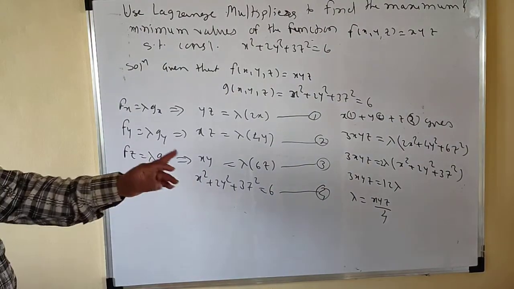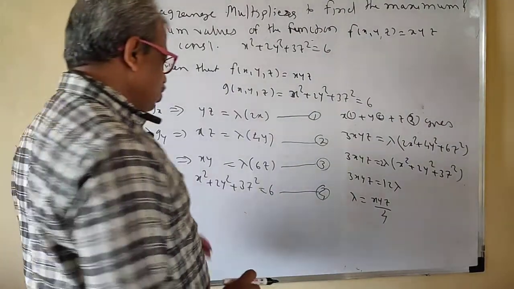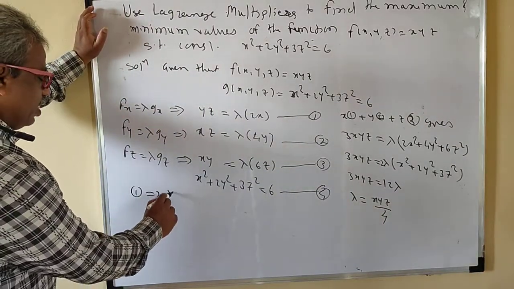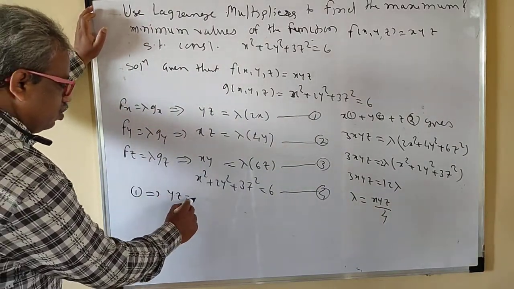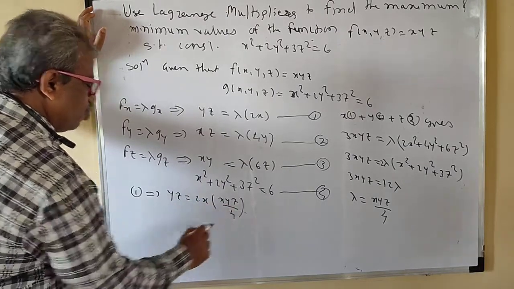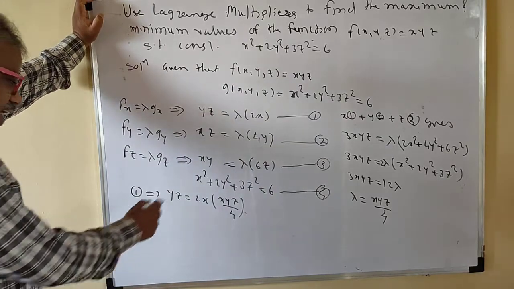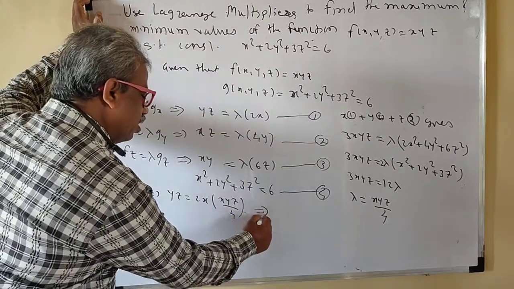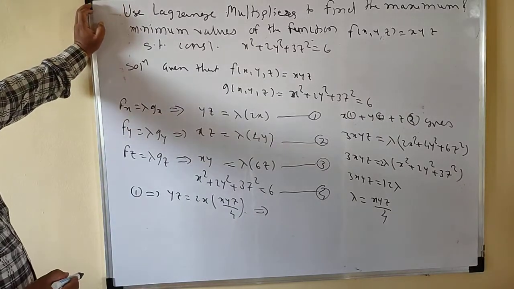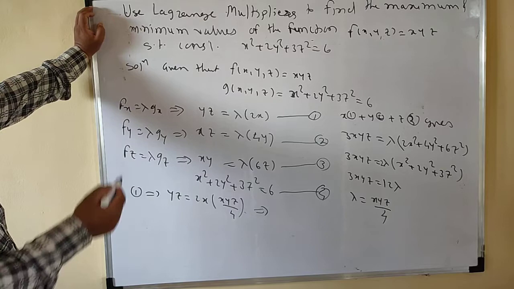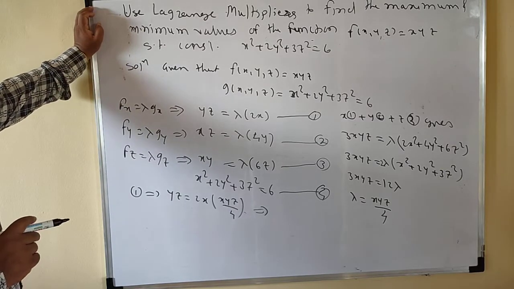So I will put that lambda in equation 1 now. So 1 implies yz is equal to twice x into xyz upon 4. Okay, so I cancel that y and z. If x is equal to 0, y is equal to 0, z is equal to 0, then the function is 0, right?